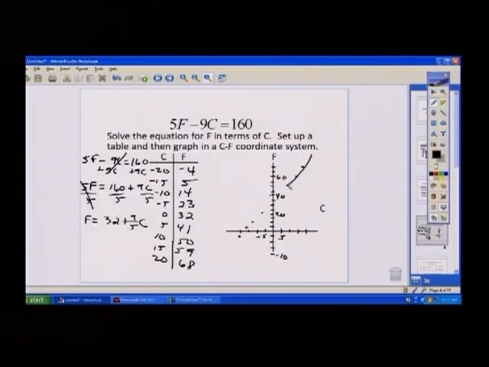So here is our, let's see if I can draw a straight line through there. Our graph of 5f minus 9c equals 160 in what they call a CF coordinate plane.